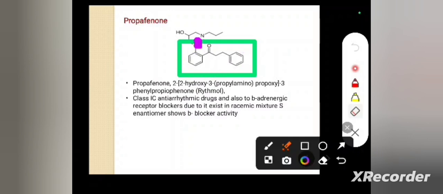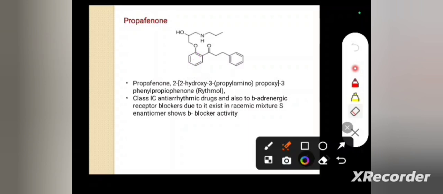As all of you know the structure of acetophenone, like that, here the 3-phenyl propiophenone is the core structure. This propiophenone is developed by substitution at the second position of the 3-phenyl propiophenone.